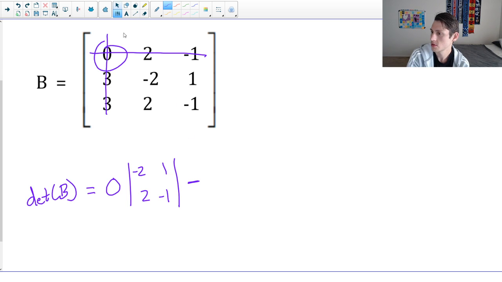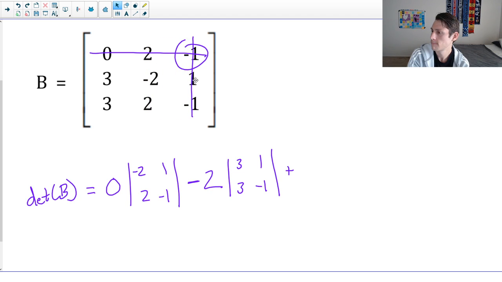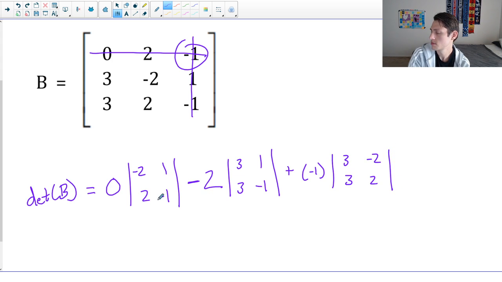Minus, right, the formula says minus. So I shift this over. 2, and then determinant 3, 1, 3, negative 1. Plus, shift this over, cross out that column, negative 1, 3, negative 2, 3, 2.